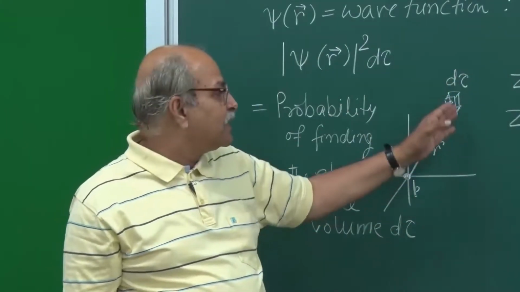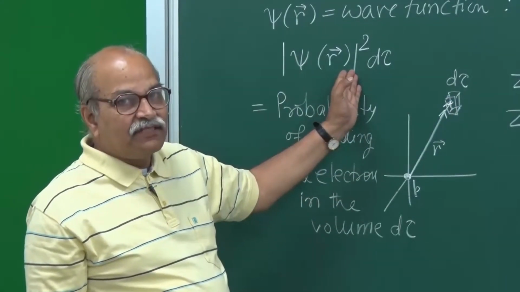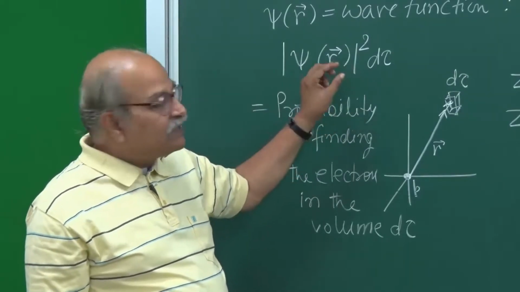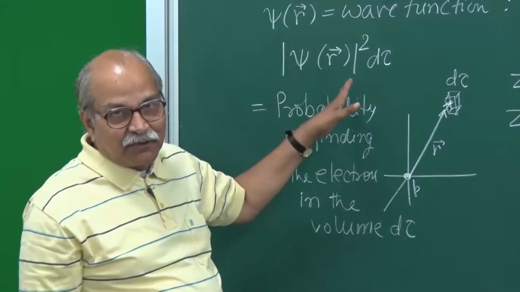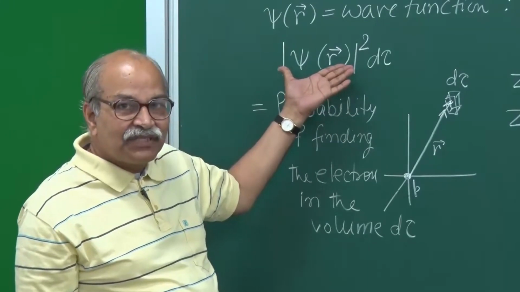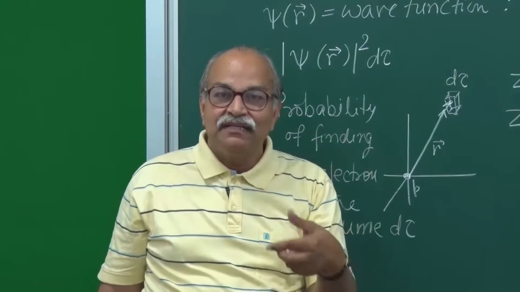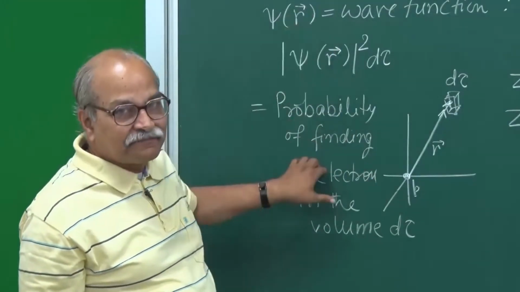If at a certain point the wave function has no finite value, suppose this is 0 at a certain point, then there you say, okay, the electron will not be found. But if this quantity is large at a certain position, then you say that, okay, in that vicinity I have a larger probability of finding the electron. So, that is the meaning of this wave function.